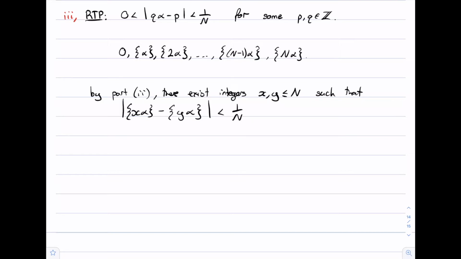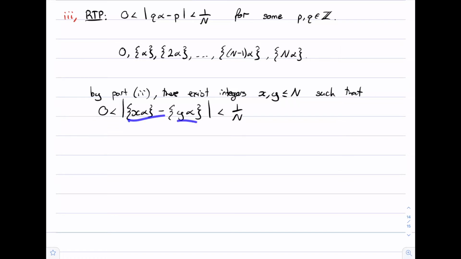This is basically the result that we proved in part 2. Now this is starting to look good. We've got an absolute value being less than 1 on n, which is what we want. But we also need it to be greater than 0, and of course any absolute value is greater than or equal to 0, so we can just add that in like this.